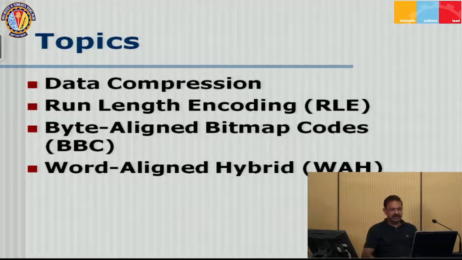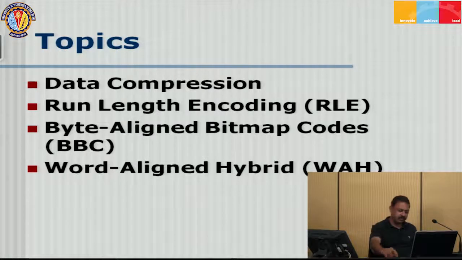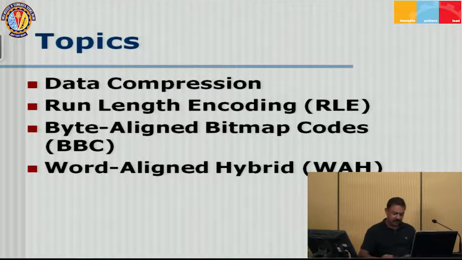I'll tell you a little bit about data compression in general, and then I'll move on to run length encoding, which is the main encoding scheme used in bitmap indexes, and there are certain variants of it.